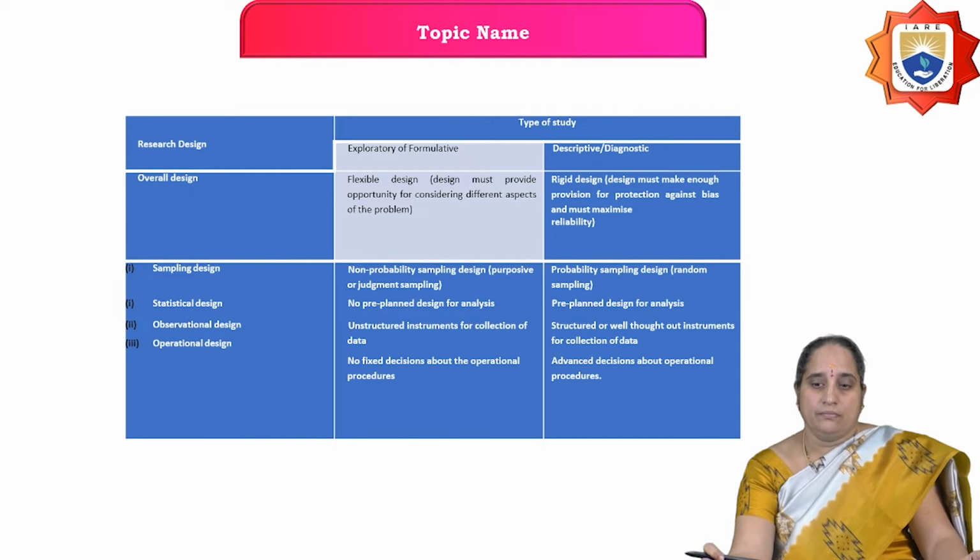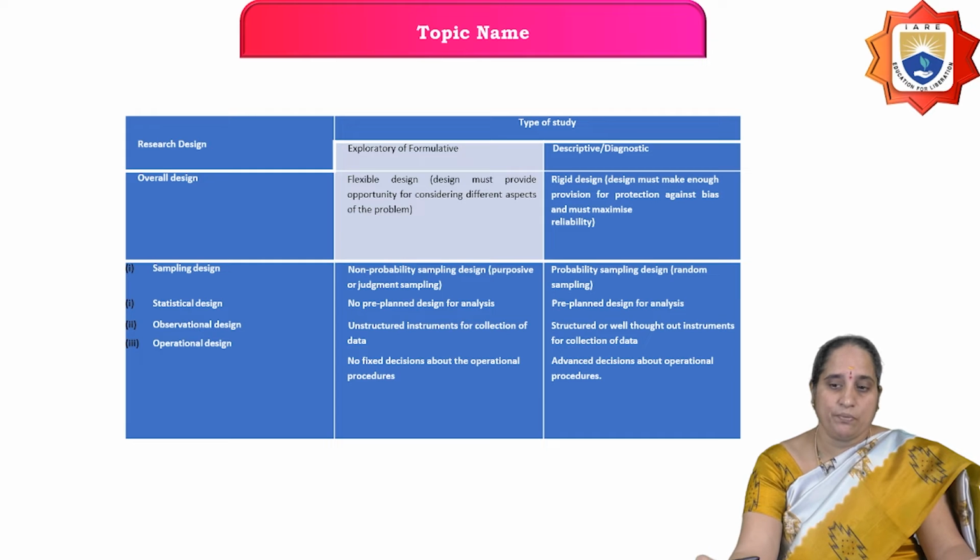Sometimes people may try to mislead you. That may not happen in case of descriptive or diagnostic research. So that's how we used to maximize reliability in case of descriptive or diagnostic type of research designs.